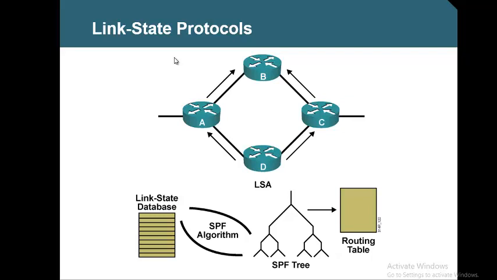So using the map, every router positions itself in that map and finds the best path, the shortest path, the low cost path to reach destinations. The cost is calculated as per the bandwidth of the link.